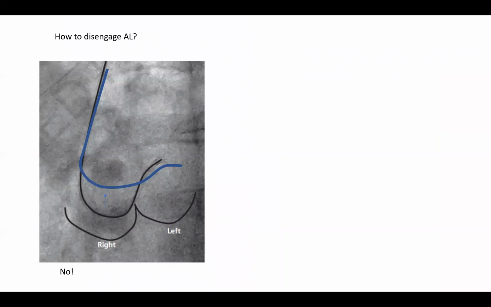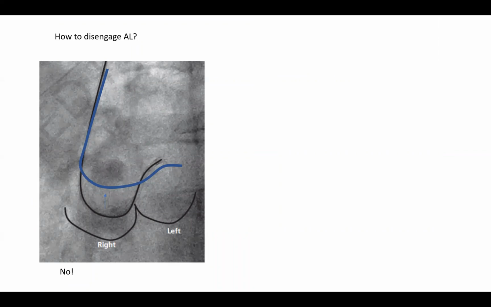Second, it can dissect as you're trying to take it out. If you're inadvertently pulling it out by just pulling it, this is what happens. So this is the Amplatz left guide engaging the left coronary in this case. If you just pull it to disengage, what happens when you pull? You actually dive it deeper. You shouldn't do that.